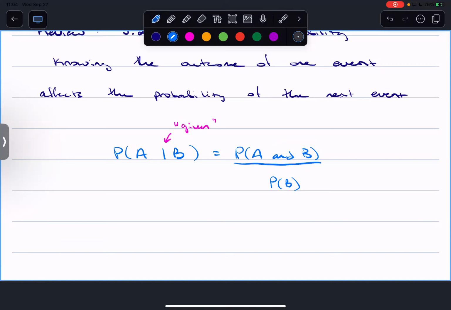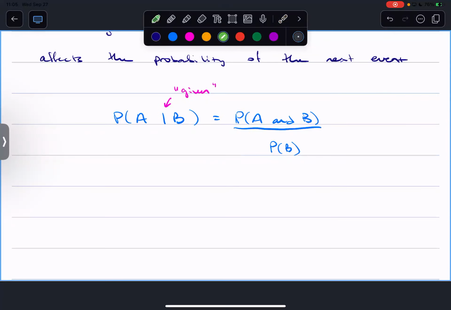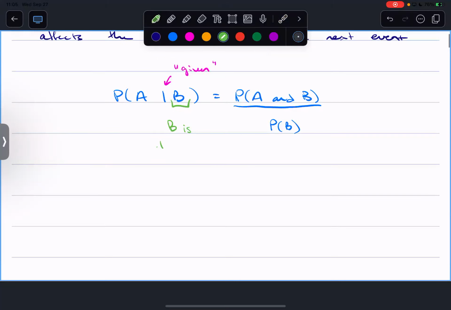And so although we usually like to talk about A then B, in this case, B is the first event. All right. So here, B is the first event, and A is the second event, the second thing that had to happen.